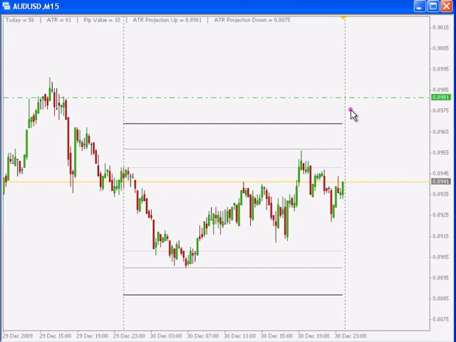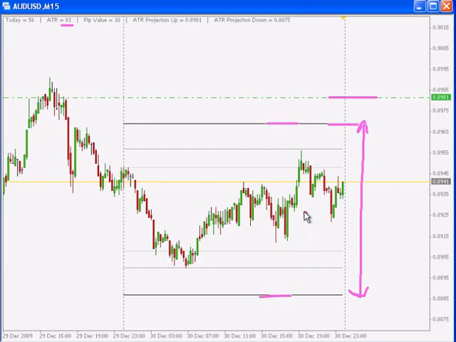Now, as you can see, the projection is beyond the average daily range band, the 100% daily range band. That's because the 100% average daily range band basically marks 81 pips from the lower band to the upper band.